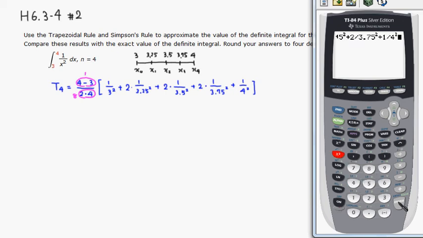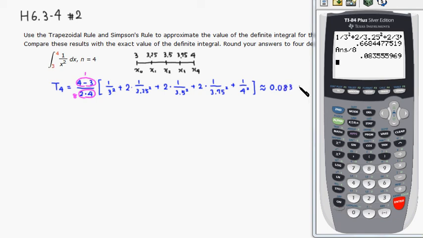Go ahead and find out the value. Then we're going to multiply by 1/8, so I'm just going to divide by 8. To 4 decimal places this is about 0.083536. So this is going to be T4.